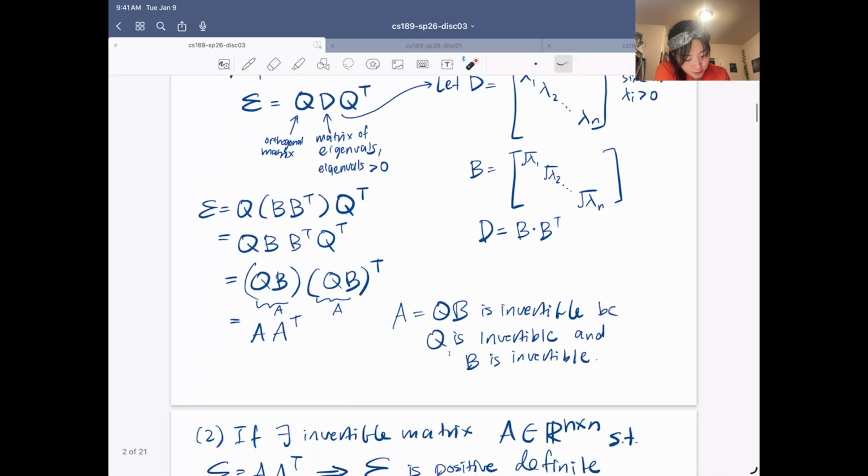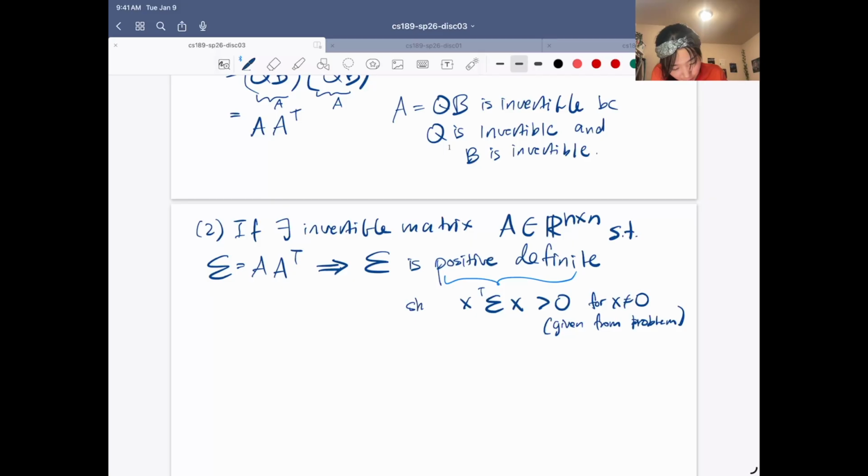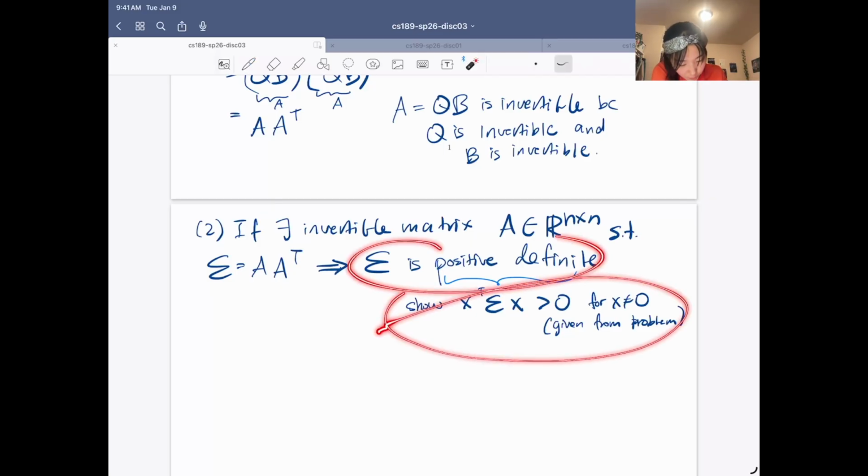And what that is basically saying is positive definite is equivalent to saying that x transpose sigma x is greater than 0 for x not equal to 0. And this is given, right? Given from the problem. So if we can show that this equation is true, then we can show that this matrix is positive definite.